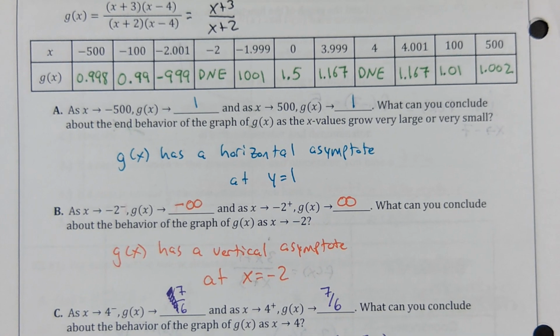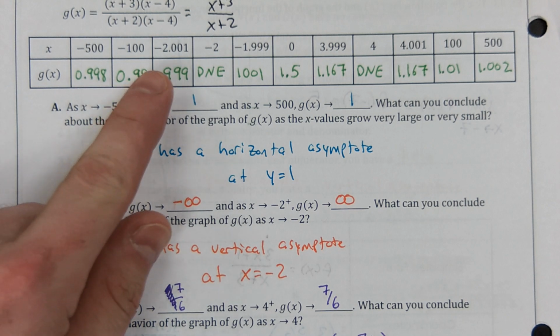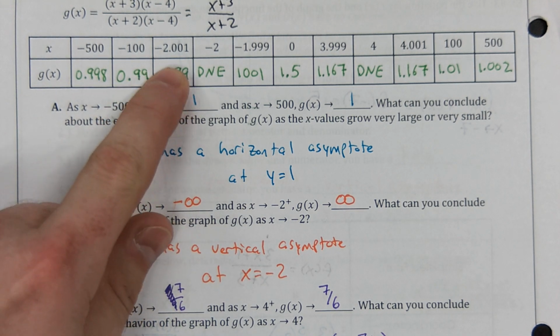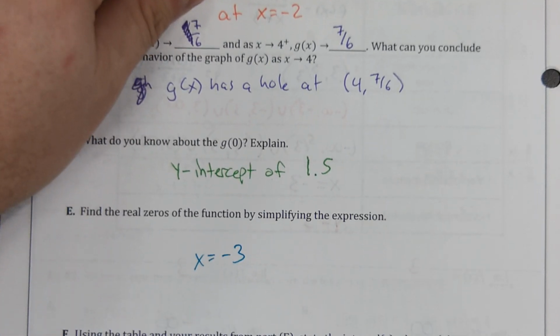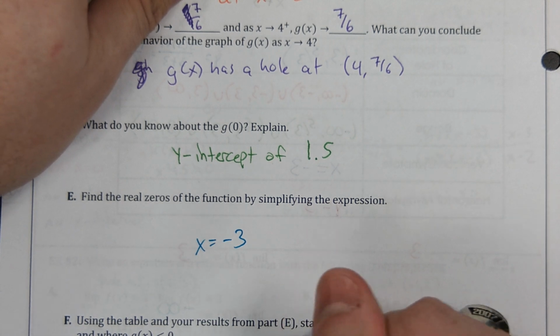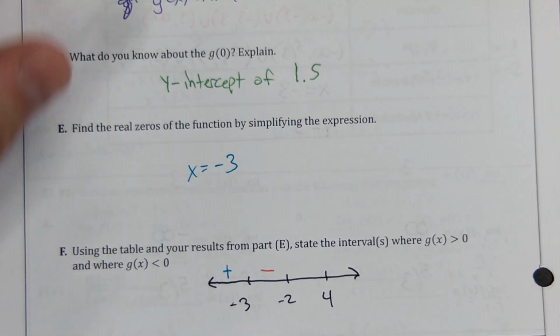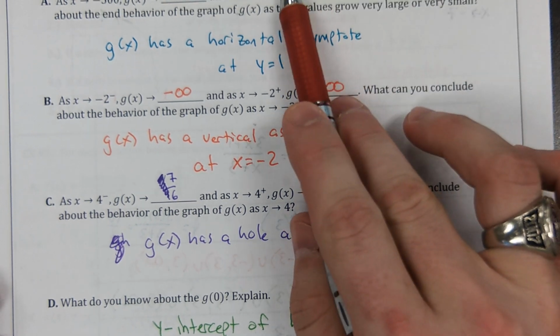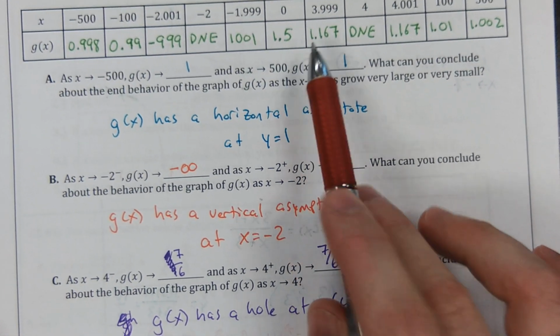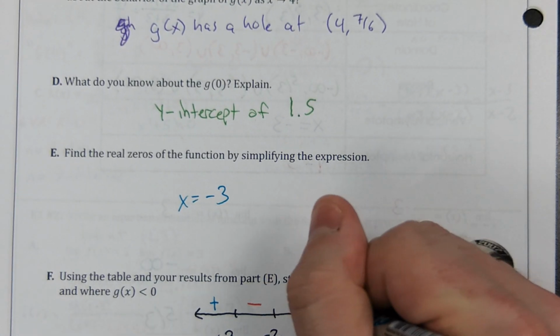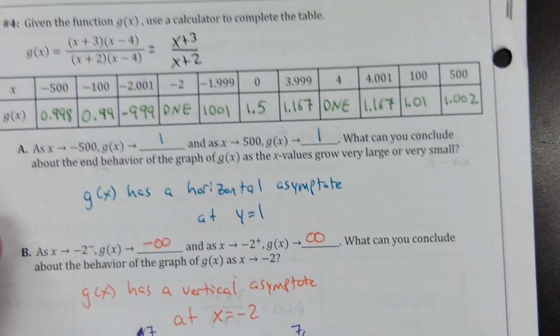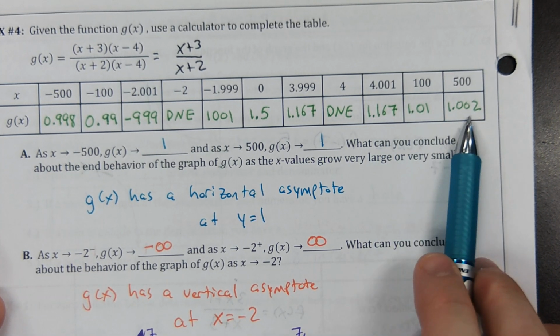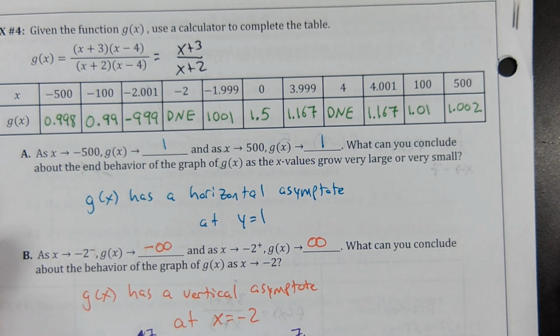I only see one number between -2 and -3. It's this one. And it's negative there. Find a number between -2 and 4. Both of these work, and it's positive. And then find a number to the right of 4. They're all positive y values.